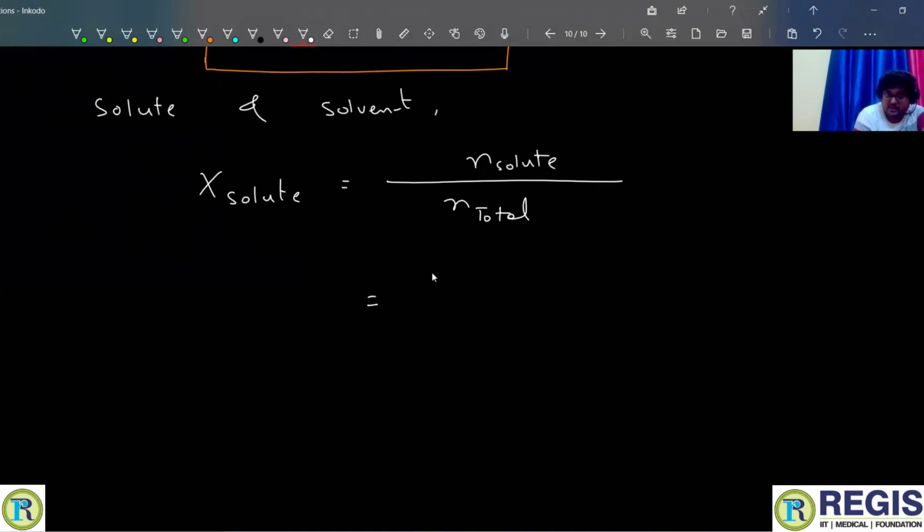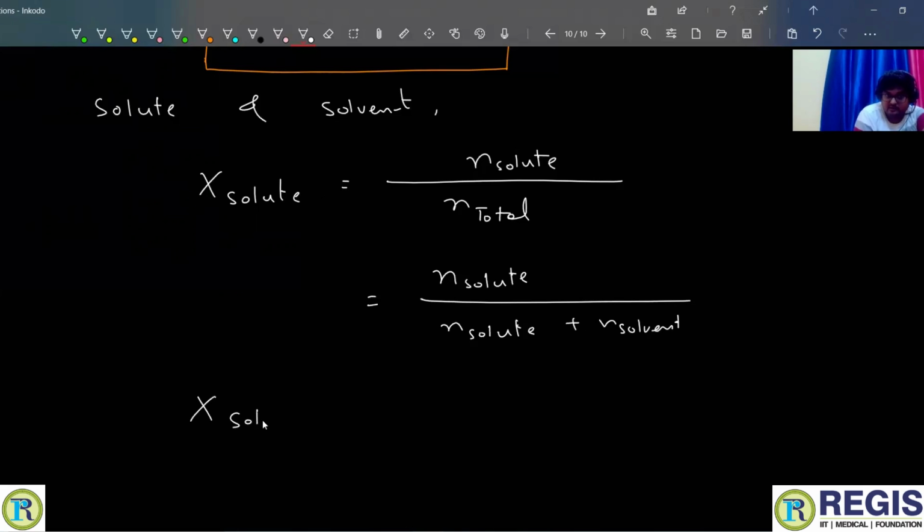Now n total is basically number of moles of solute plus number of moles of solvent. Similarly, if you write x of solvent, that means mole fraction of solvent, the upper part becomes solvent, and the lower part is always n total, which represents solute plus solvent.